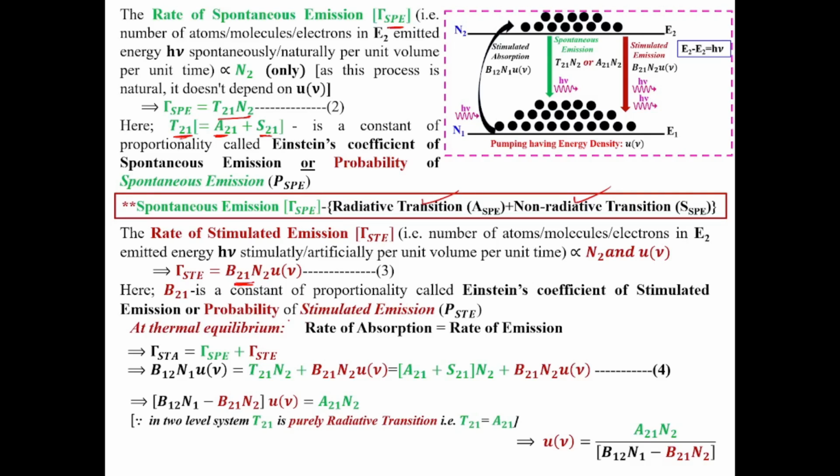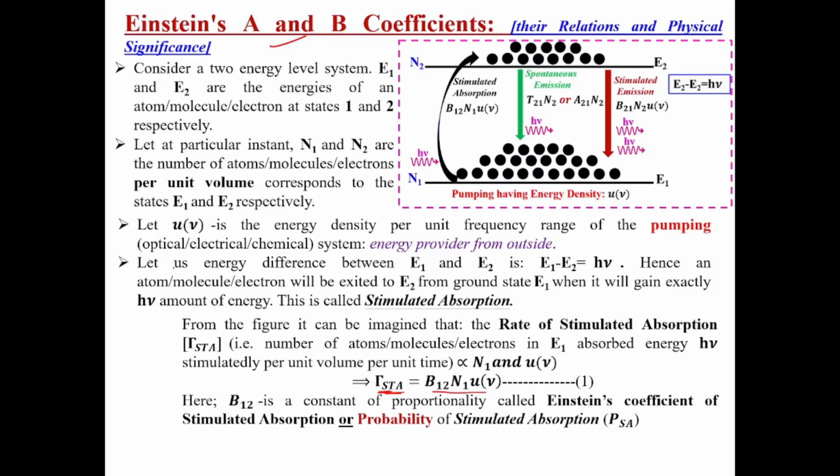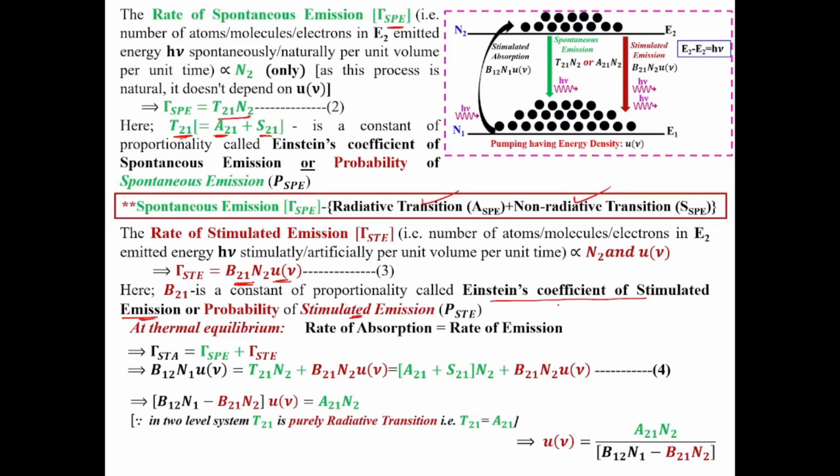And rate of stimulated emission gamma STE, the value will be B21 N2 U mu, where B21 is your probability of stimulated emission or Einstein's coefficient of stimulated emission. Here U mu represents energy density per unit frequency range of pumping system, or energy provided from the outside. These three terms, rate of stimulated absorption, rate of spontaneous emission, and rate of stimulated emission, you should know to follow today's topic.